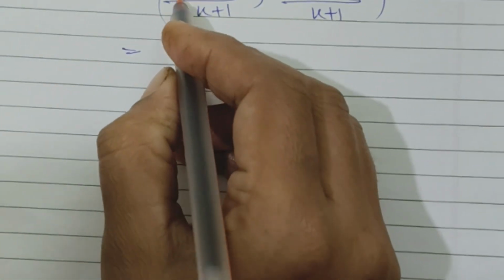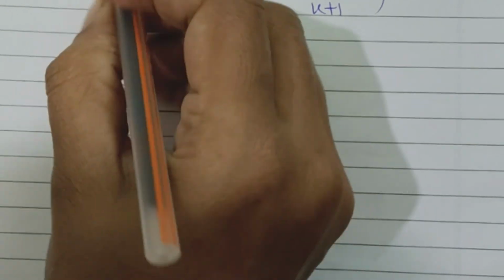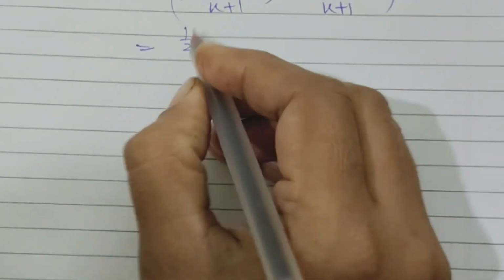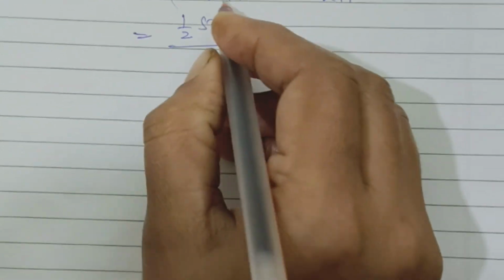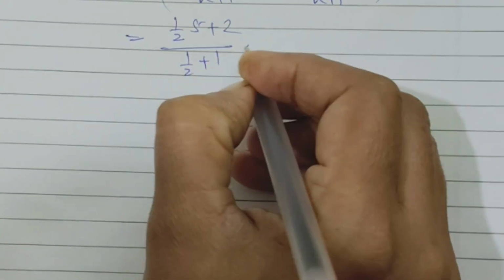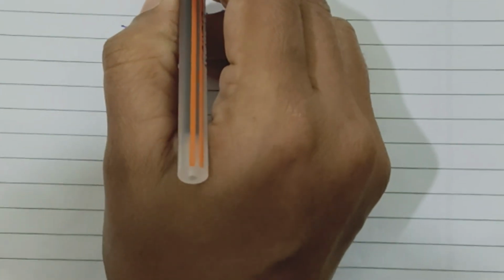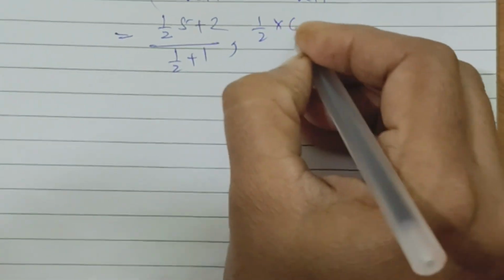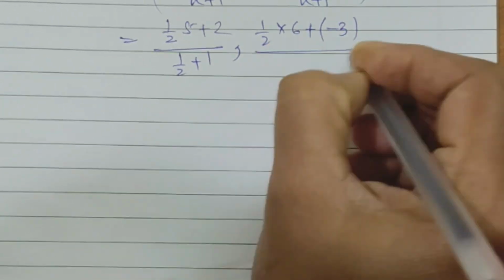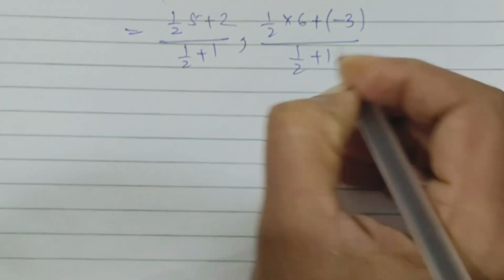So k is 1/2, x2 means x of p and x1 is x of a. For x: 5 plus 2 by k, that is 1/2 plus 1, k again 1/2. y2 means y of b and y1 is y of a, that is 6 plus minus 3 upon k plus 1, which is 1/2 plus 1.